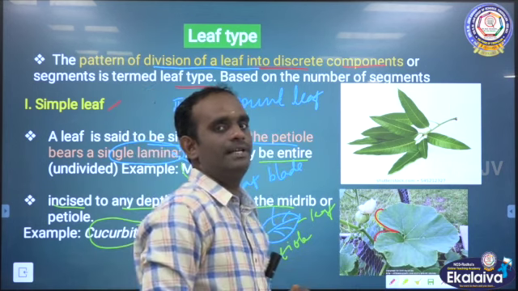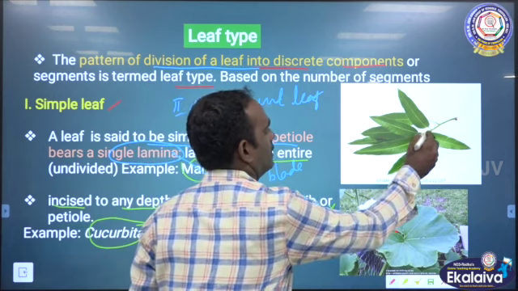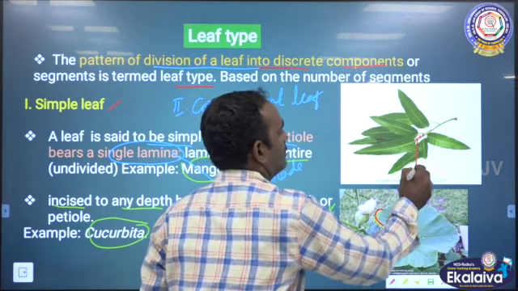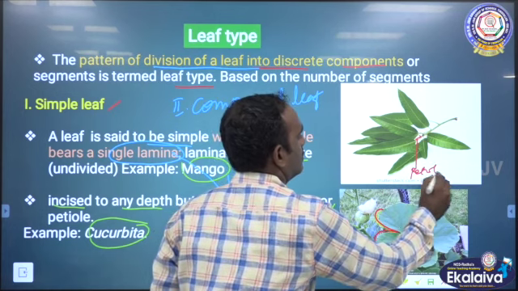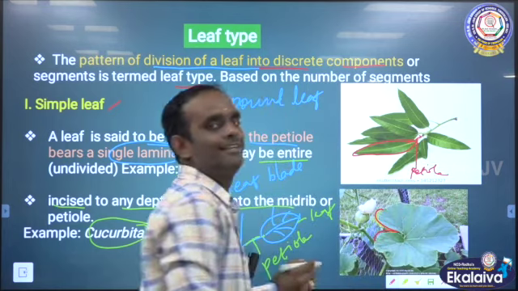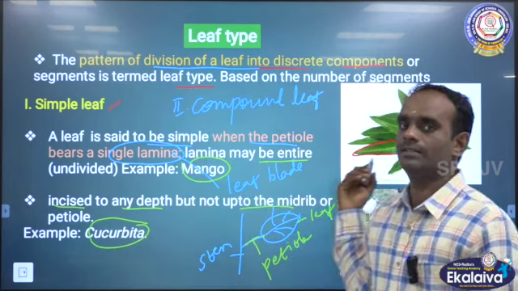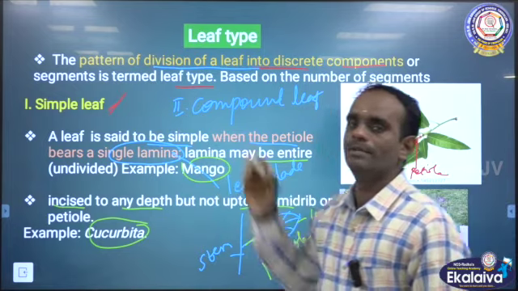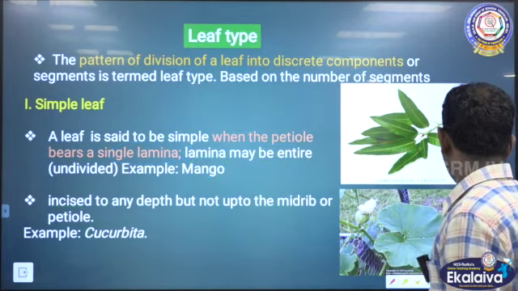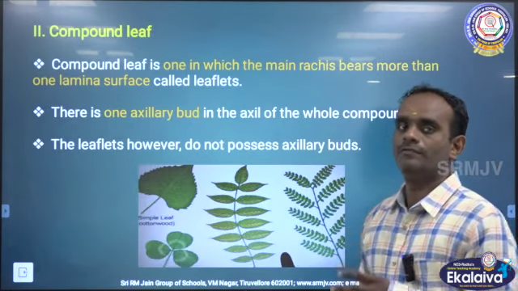So, this is also an example for simple leaf. See the picture of Mangifera. This is the petiole, it bears a single leaf. Okay, such type of leaf is said to be simple leaf. Next we move on to compound leaf.